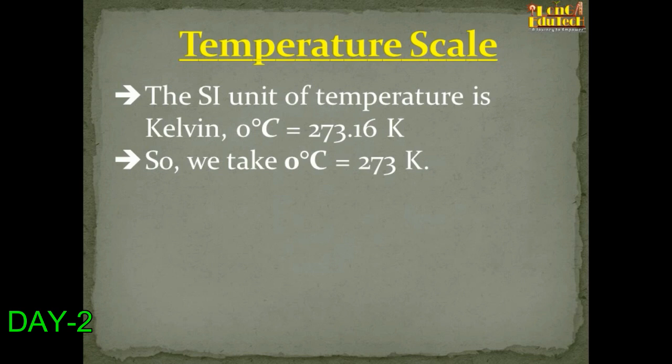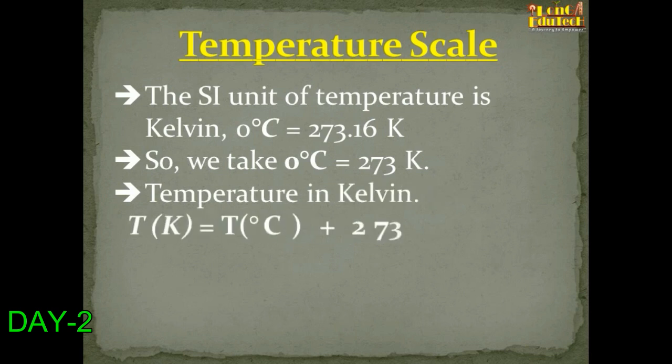Kelvin is another scale. The temperature in Kelvin is equal to temperature in degrees Celsius plus 273. That means we can find the temperature in Kelvin as degrees Celsius plus 273.